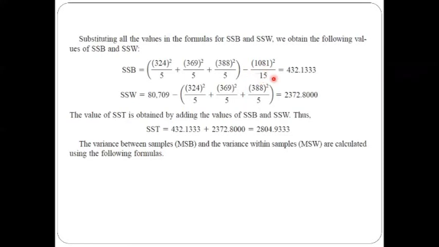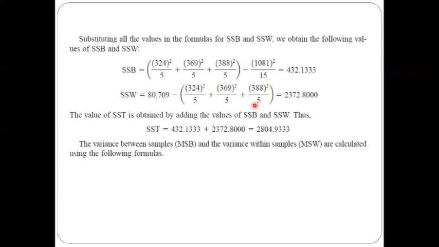And for the value of the SSB, we have 432.133. And for the SSW, ito yung value ng summation of x squared natin, which is 80,709. And ito yung T sub 1 squared, T sub 2 squared, T sub 3 squared, and ito yung n1 natin, n2, and then n3.